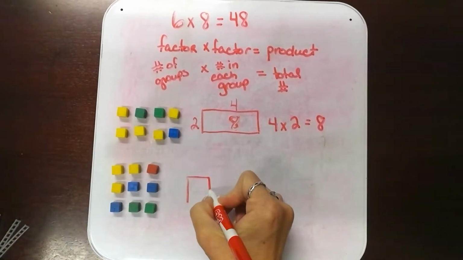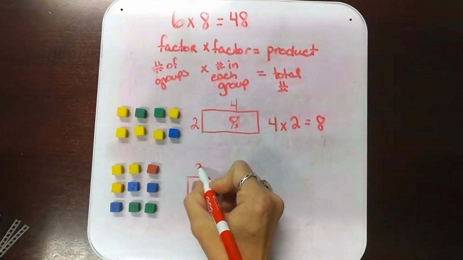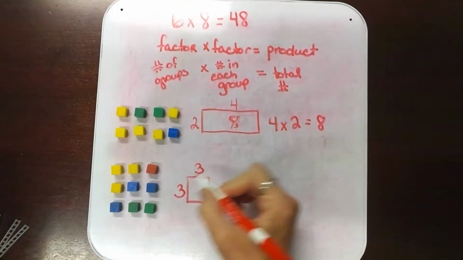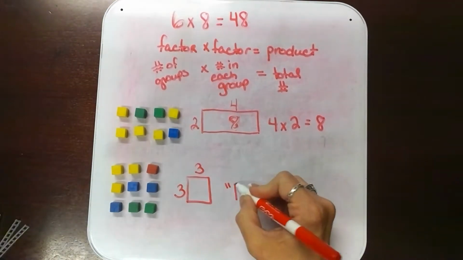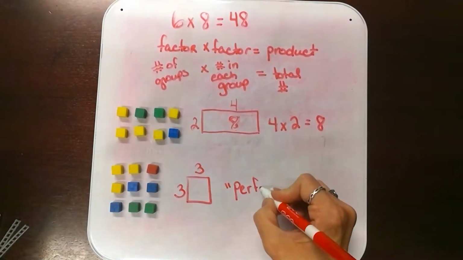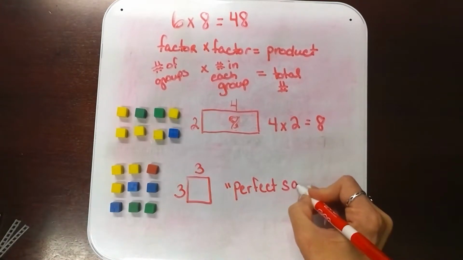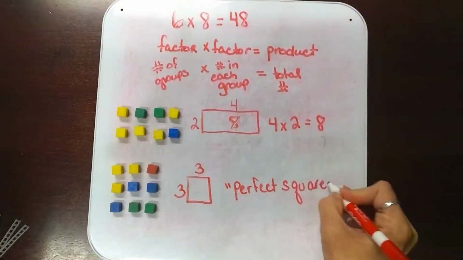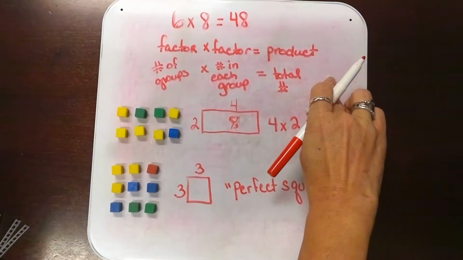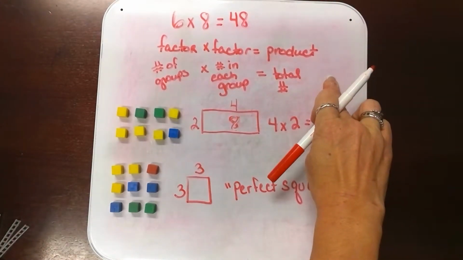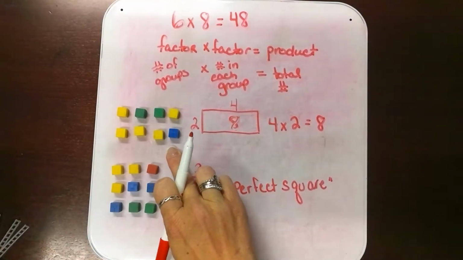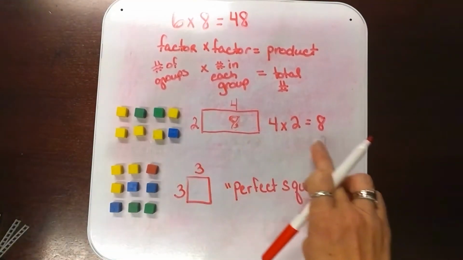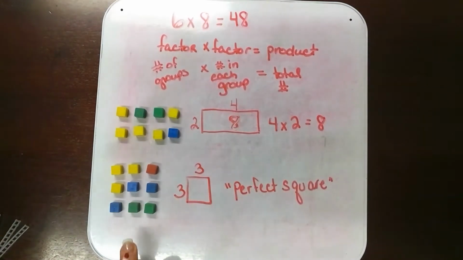So I would talk to students about labeling it like this, and what this side would be and this side, and we would go ahead and do that term. It's a perfect square. So that is what I'm going to do first. I'm going to do some review of what they learned last year, make sure I give them that vocabulary. Then I'm going to move into making sure we understand what an array is, an area model is, how to write the equation, and I'm going to introduce those perfect squares.